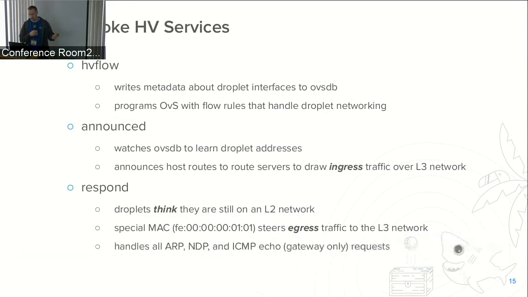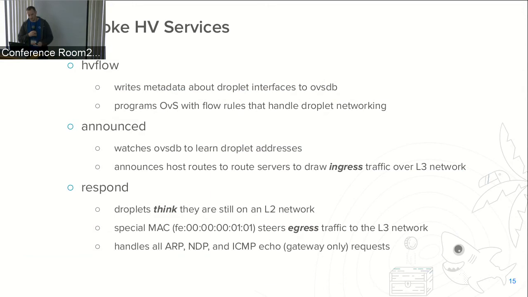We have HVFlow, which was discussed a little bit yesterday, that actually injects OvS flows for each droplet. And it also writes some metadata into OvS DB for IP addresses for droplets, which are then picked up by announce.